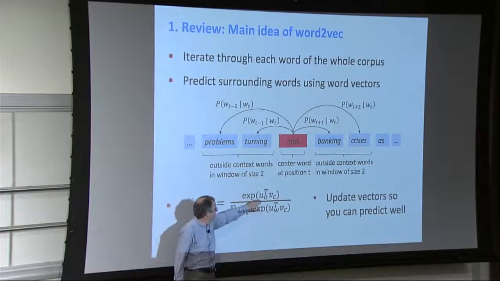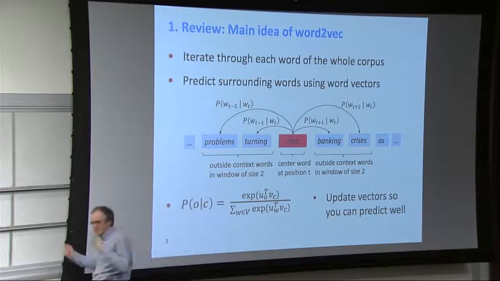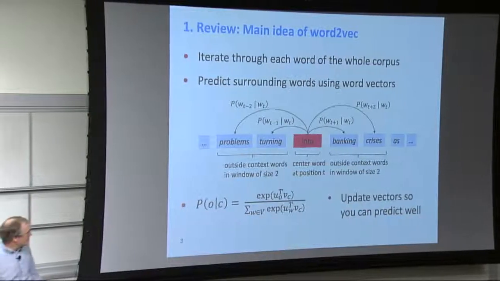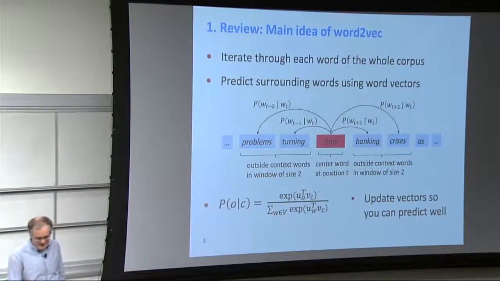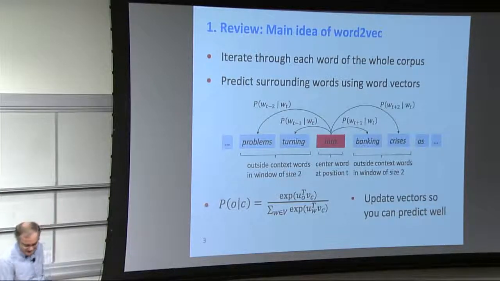That probability distribution is defined simply in terms of the dot product of the word vectors via the softmax function. So what we want to do is change those vectors in a way that this gives good probability predictions. It gives as high probability as possible to words that you tend to see in the context.